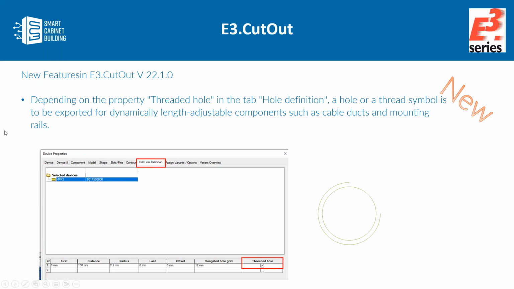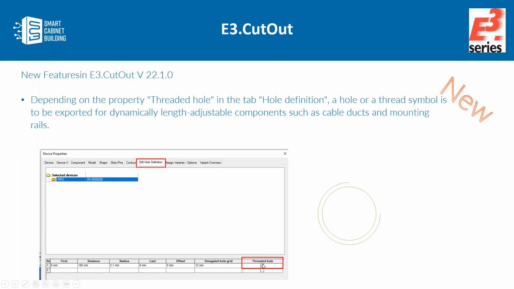Within this drill hole definition tab in the device properties, you can define all the necessary data, and as well, if you place this device on a mounting plate, what should be done.